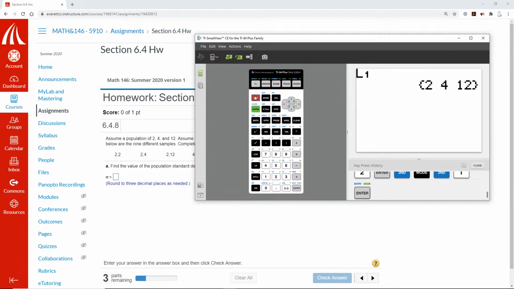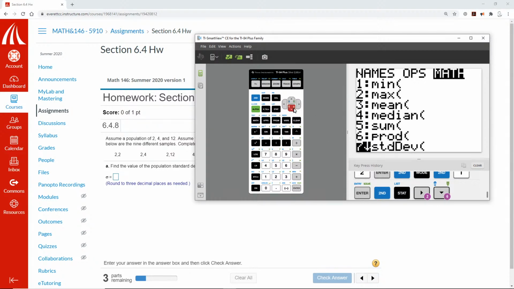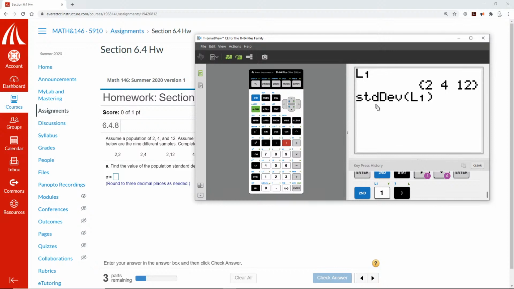So if I go in the second list and go over to calc, at the bottom, number 7, this is not the population deviation that it gives me. This gives me the sample deviation. This is not the right answer. It's assuming that the data is a sample.